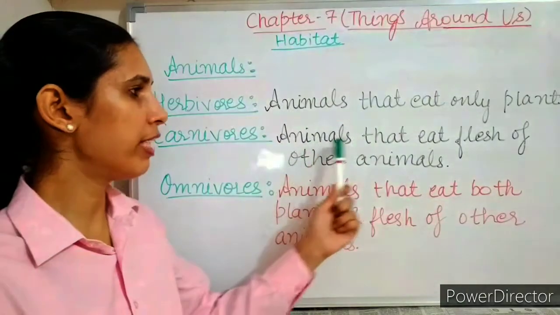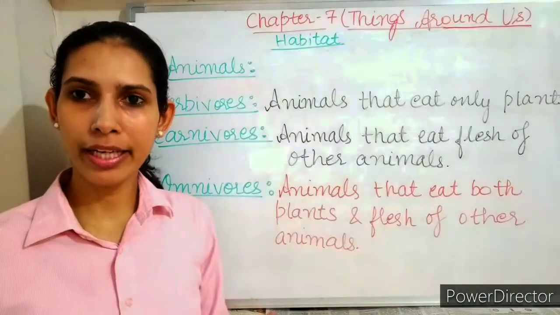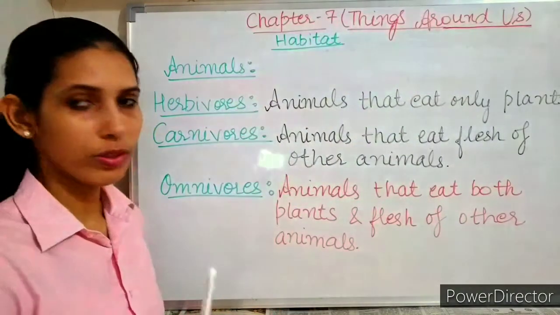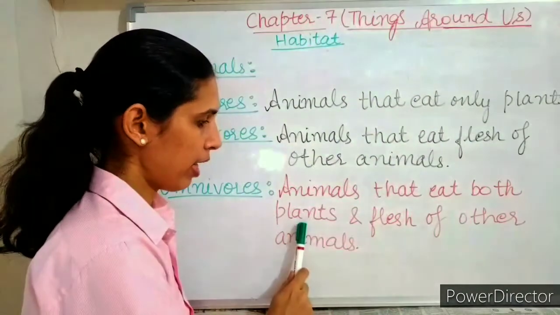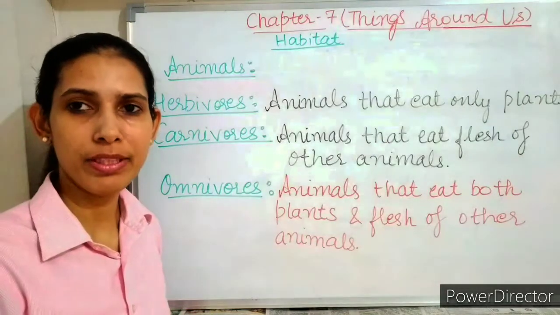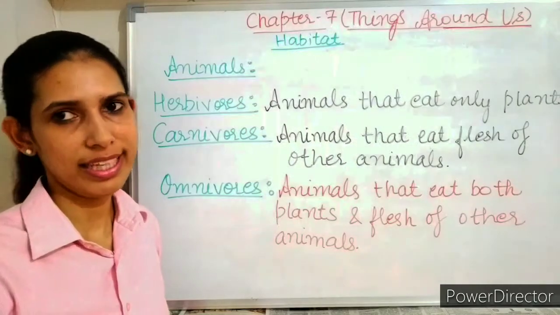Carnivores are the animals that eat the flesh of other animals. For example, lion, tiger, etc. Next is omnivores. Omnivores are the animals that eat both plants and the flesh of other animals. For example, crow, bear, dog, etc.